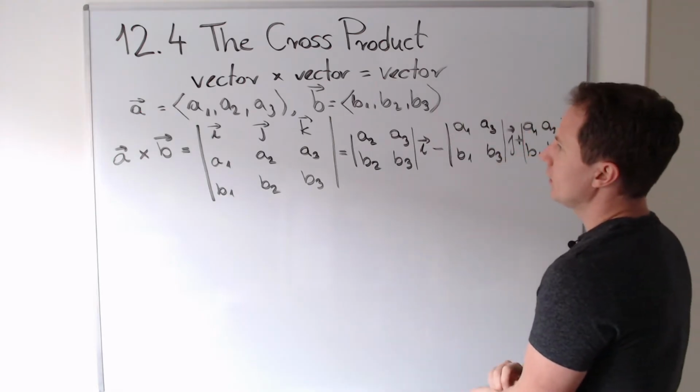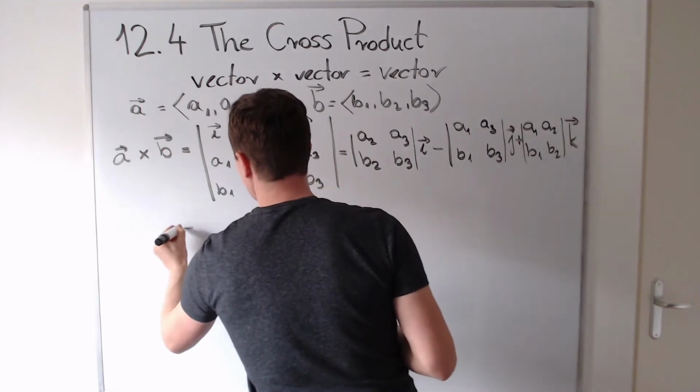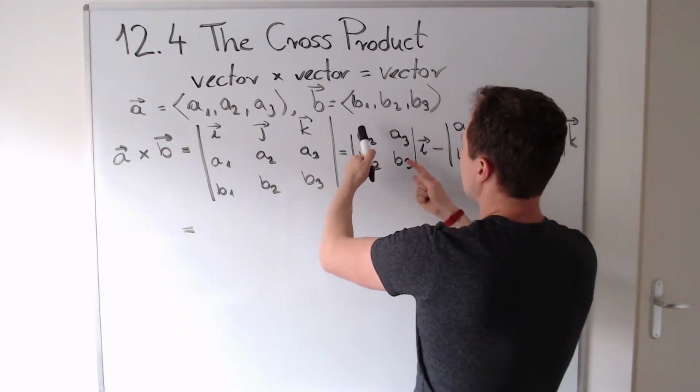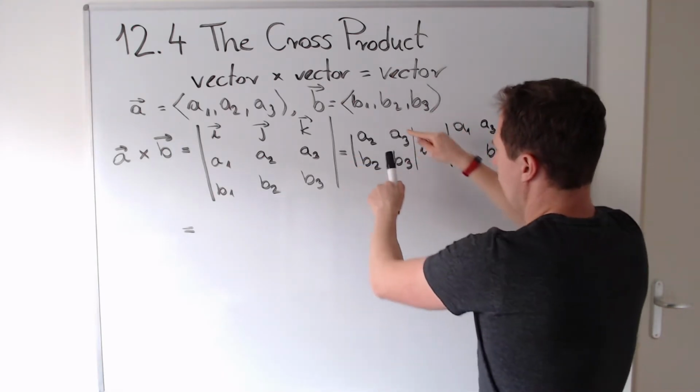So that's a way to compute the cross product. Of course, these 2x2 determinants themselves can be computed by basically just taking the product of the diagonal elements and subtracting the product of the off-diagonal elements.